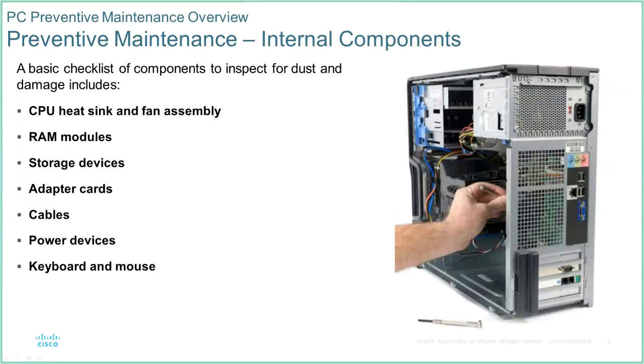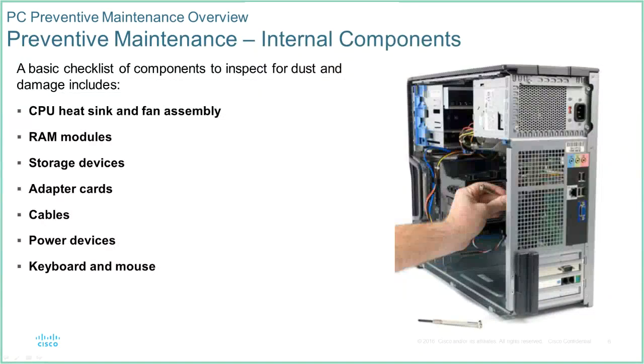So internal components to check for dust buildup is definitely the CPU heat sinks. Basically the dust clogs up the fins and stops air flowing through the heatsink, so it generates more heat, which means it will be more prone to failure in the long run.